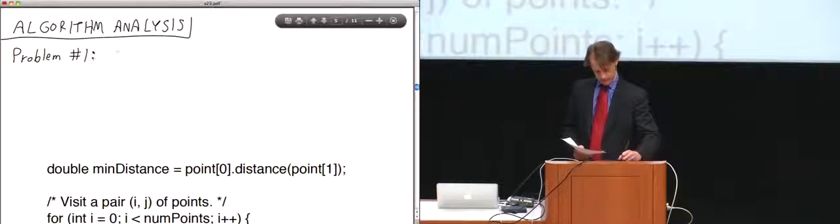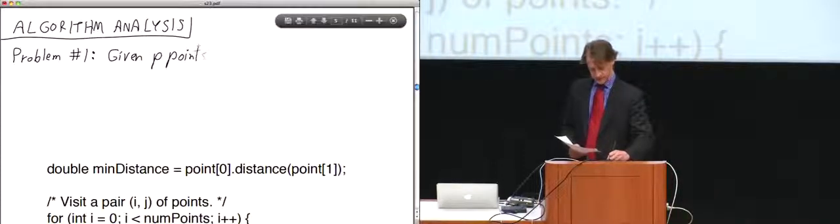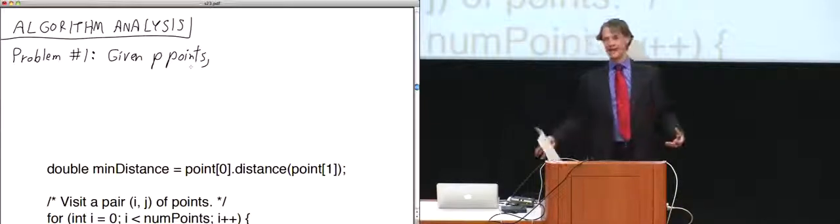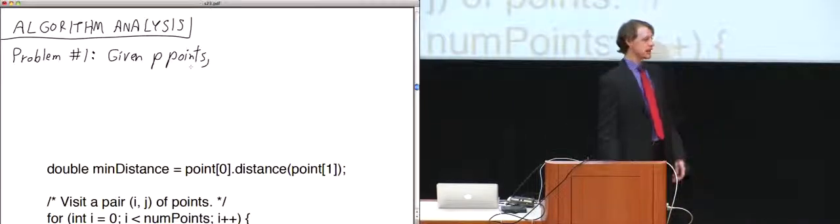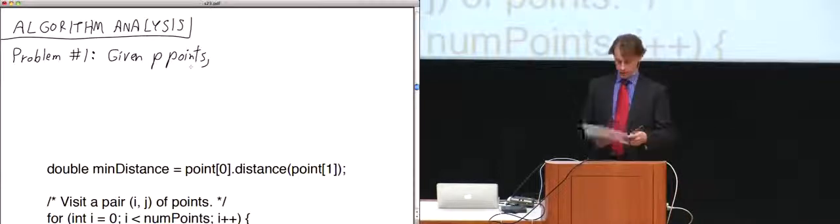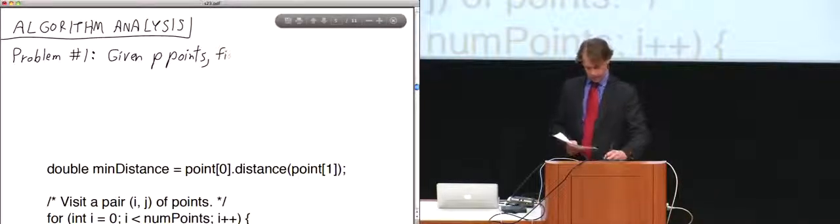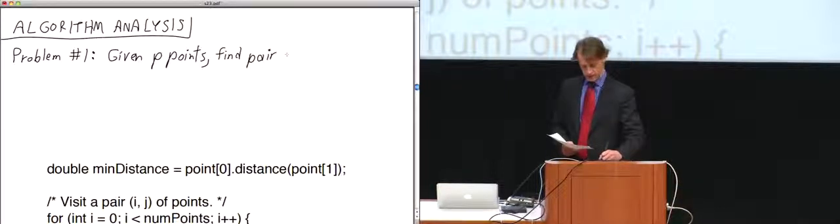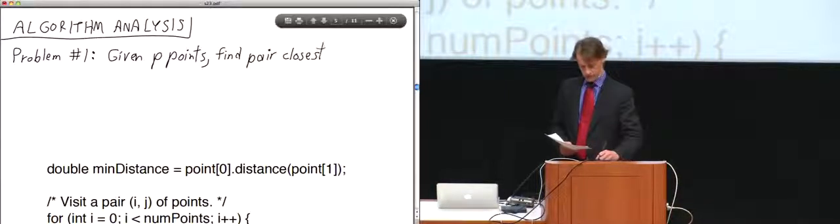I'm going to start with a simple problem. You are given a set of p points. These could be points in the plane or points in three-dimensional space. It doesn't really matter which one. What you want is to find the pair of points among those points that are closest to each other.